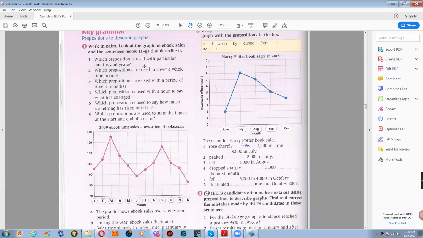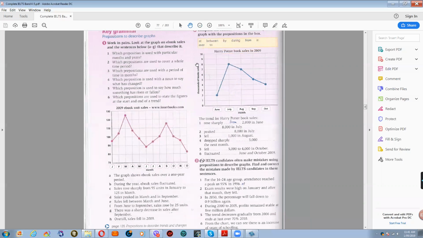Number 1. Okay, we're looking at these. So which preposition is used with particular months and years? In. Yeah. Which prepositions are used to cover a whole time period?